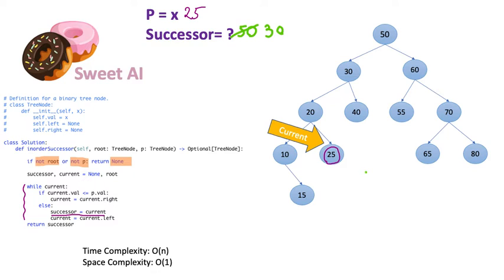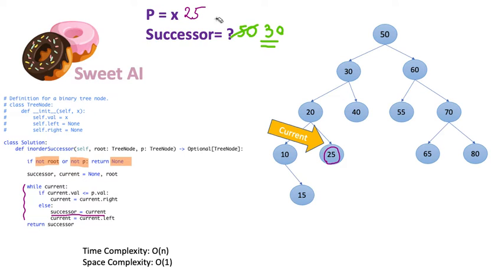So this is the node, the p-value, that we are looking for, and we return the successor. The successor of this 25 is 30, and as you see, 30 is actually the smallest number that is bigger than 25.